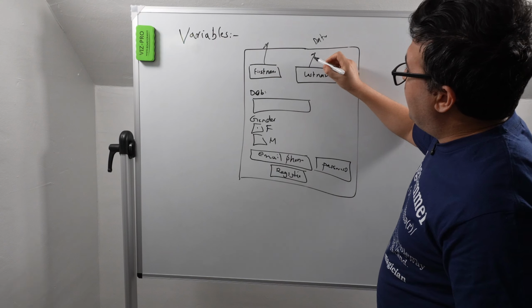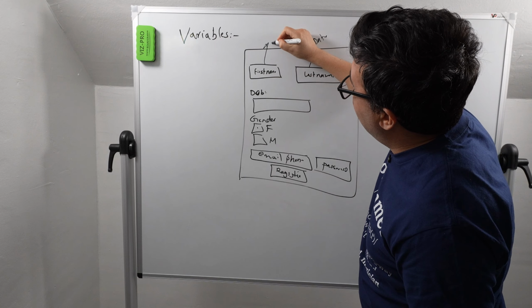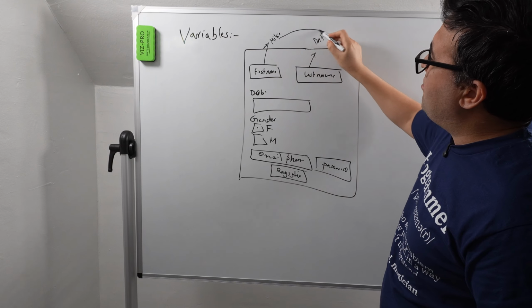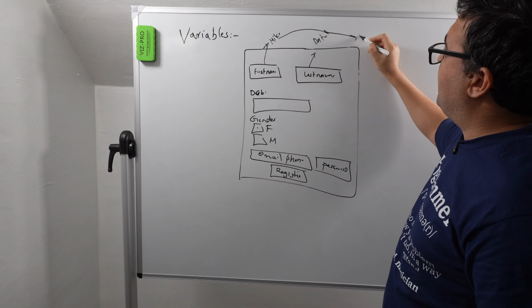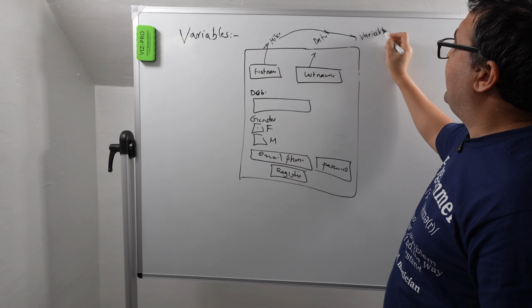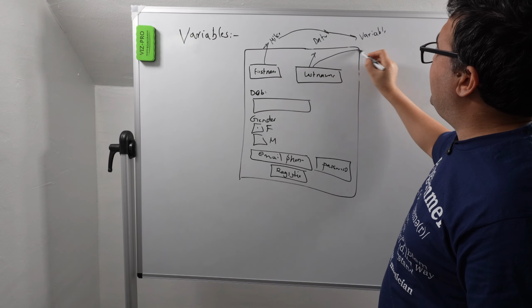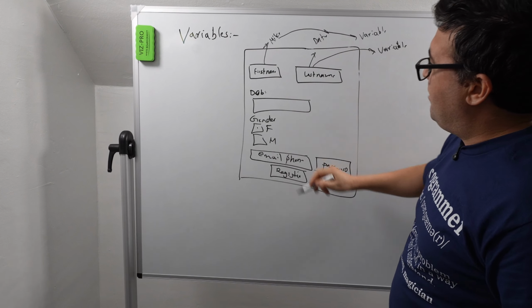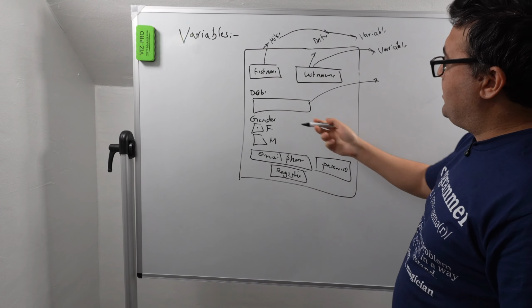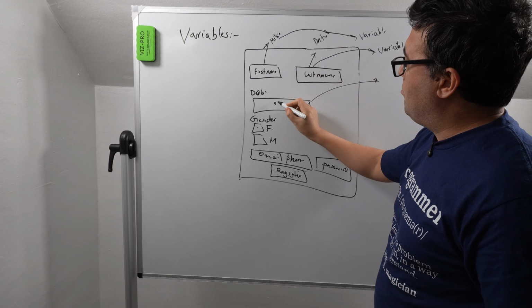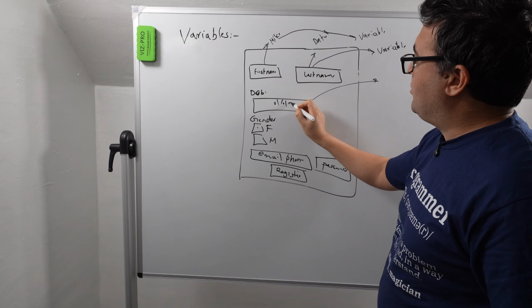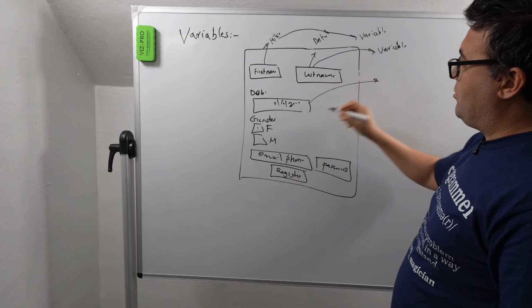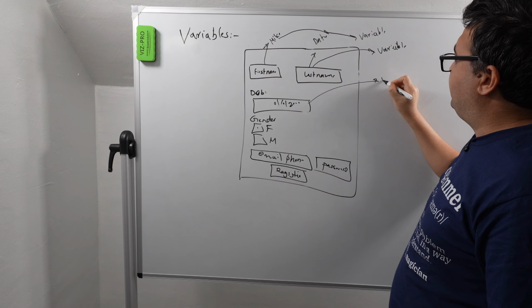So what happens at the back end of the form? If you enter Mike as your first name, this Mike value goes and is stored inside a variable. If you enter your last name, it is stored inside a variable. If you enter your date of birth, suppose 01/01/2000, this date of birth is stored inside a variable.